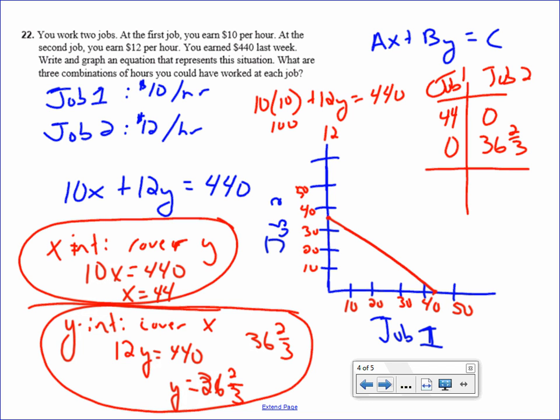So that means you'd have to make 340 from your second job. So what's 340 divided by 12? That would be 28 and 1/3. So you'd have to work 10 hours at your first job, 28 and 1/3 at your second job. Okay, so that would be the way you do that one.